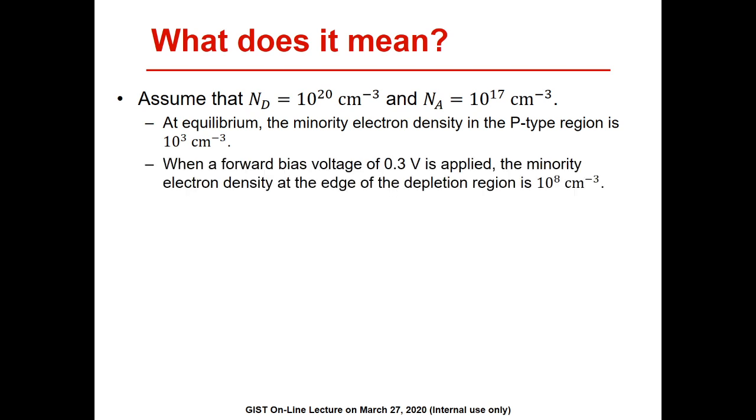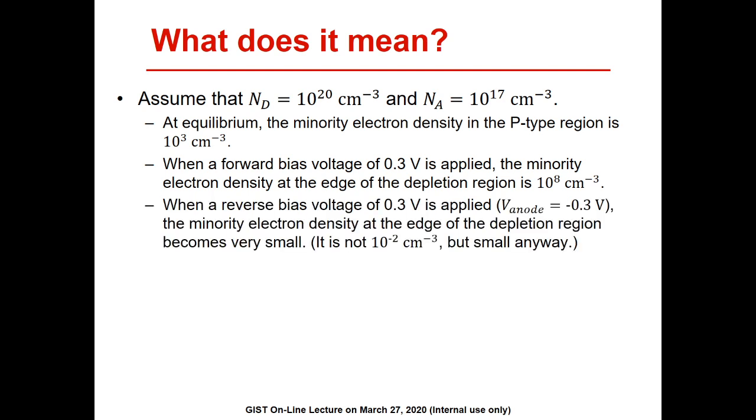When a forward bias voltage is applied, the electron density at WdP increases. For example, with 0.3 volt, it becomes 10 to the 8 per cubic centimeter. On the other hand, when a reverse bias voltage is applied, the minority electron density decreases.